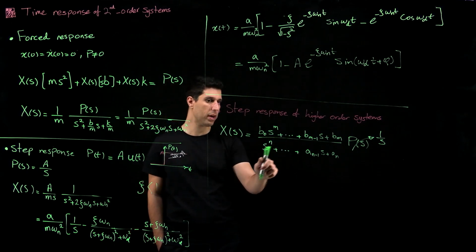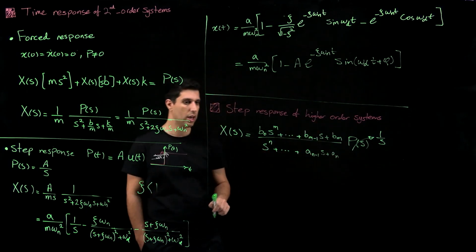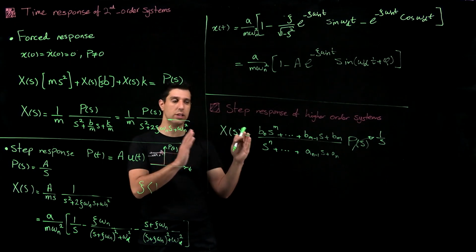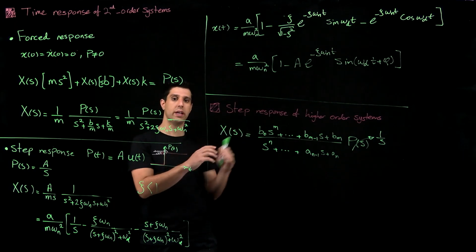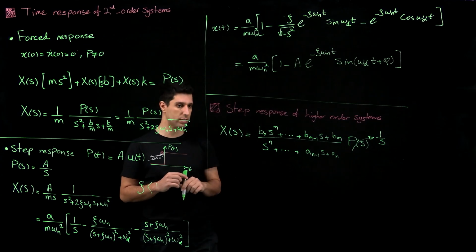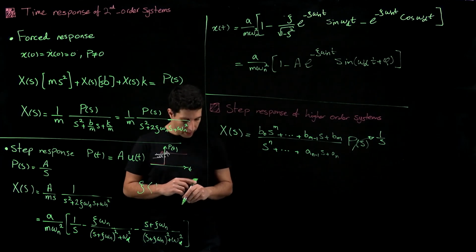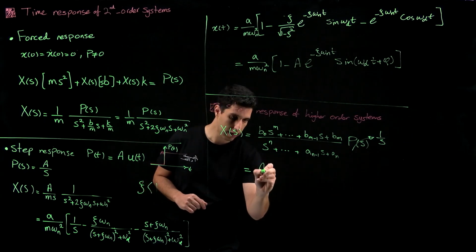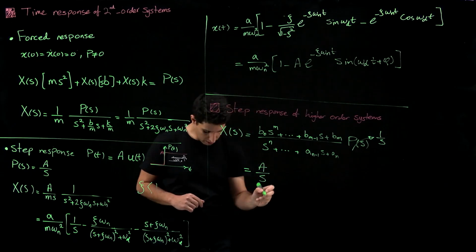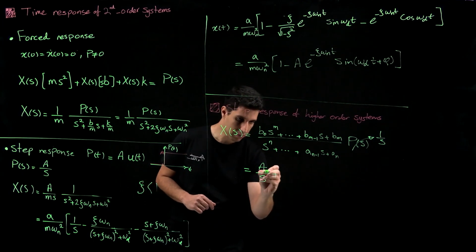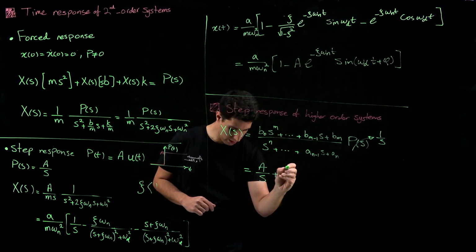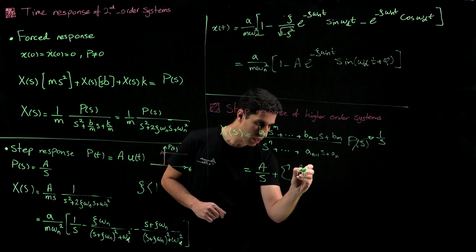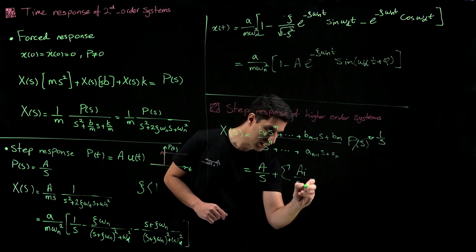If you remember, anything that looks like this, we can start to divide it into partial fractions, with the denominators being s minus the poles of the system. It will look something like this: some constant a0 over s, plus a sum of ai over s minus pi.